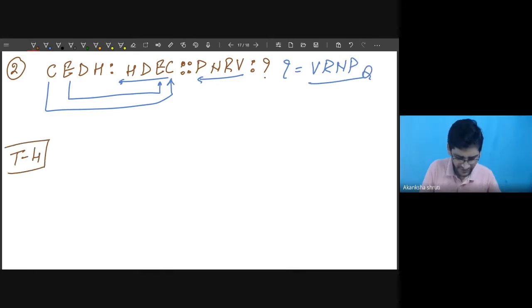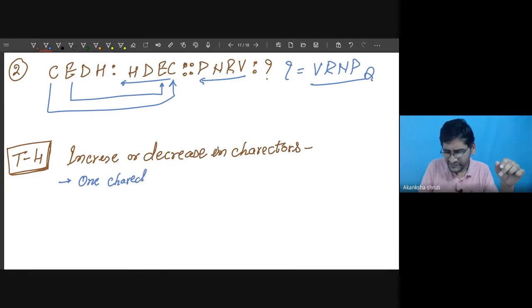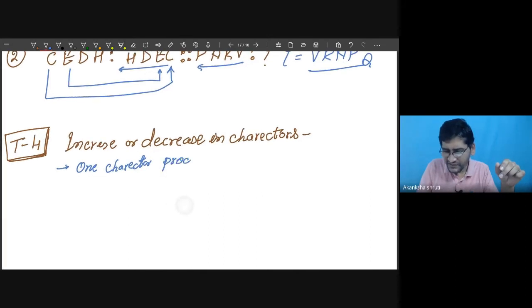Tips 4. In this tips 4, I am considering the increase and decrease in character. The concept is each alphabet, how it is producing the other. One character produces 2 or 3.